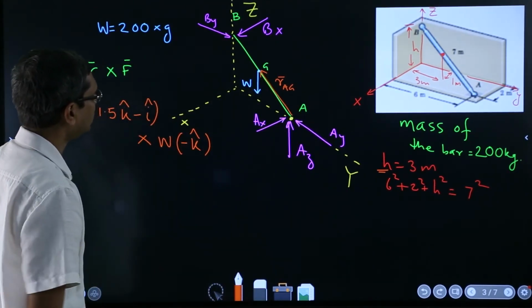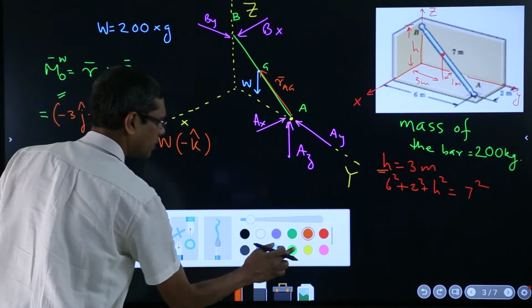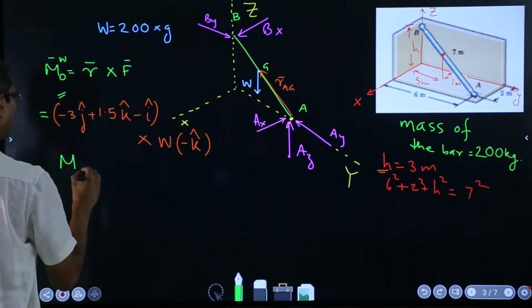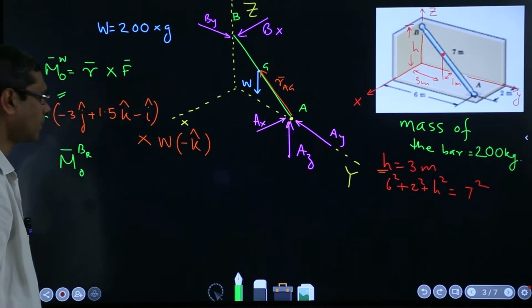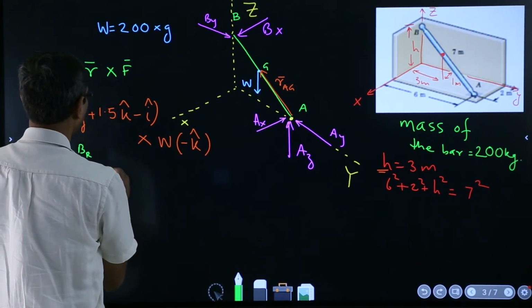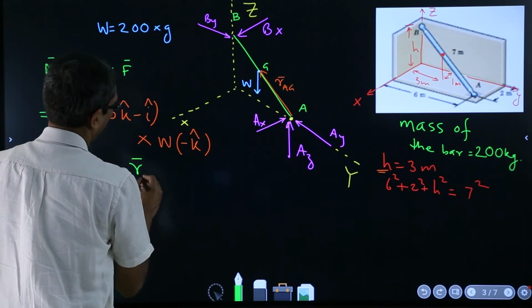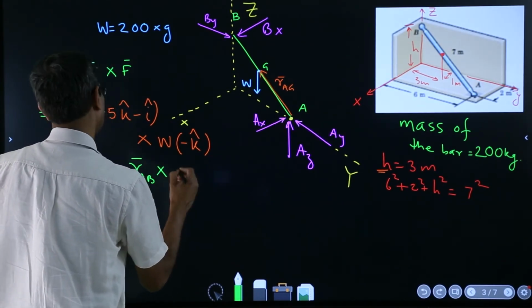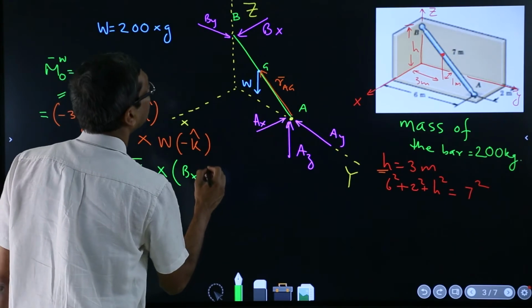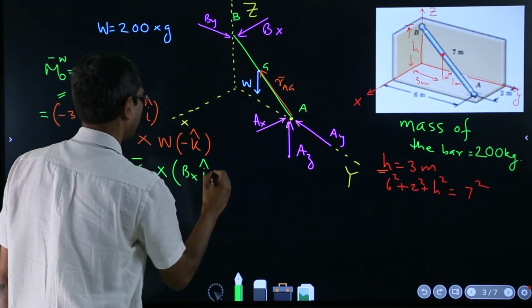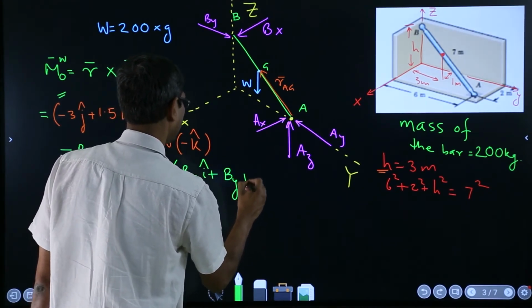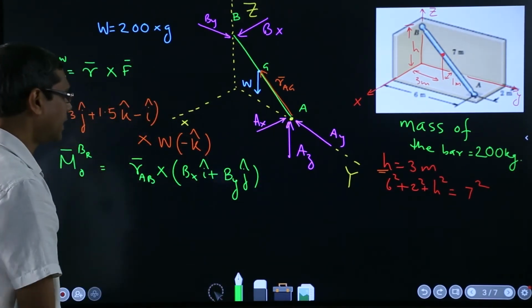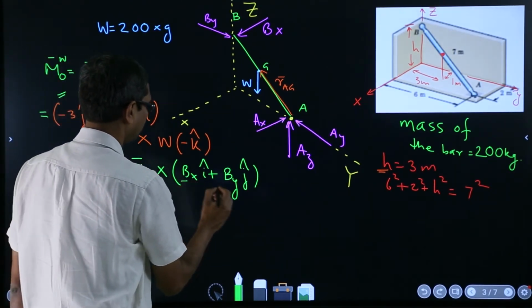And what about the other one? Similarly, you can calculate the moment about O of the reaction at B. How do you calculate that? That will be R AB crossed with, say, Bx i plus By j, and these two are unknowns.